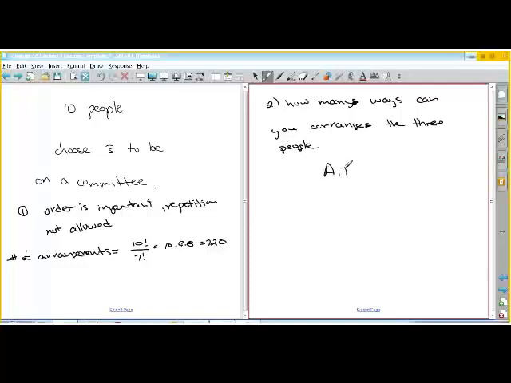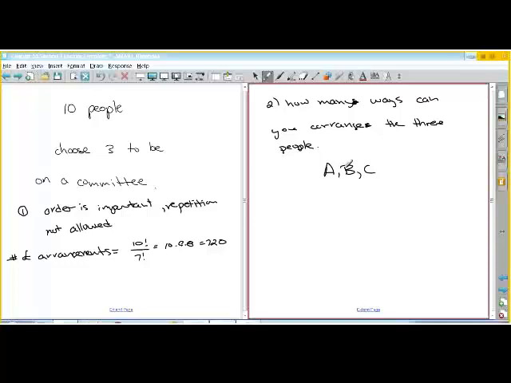So once you've chosen them, let's say you have person A, B, and C on the committee. We have people's names in alphabetical order from A to whatever the 10th letter in the alphabet is. I choose A, B, and C for a committee. Now, whether I choose A first or C first doesn't really matter.